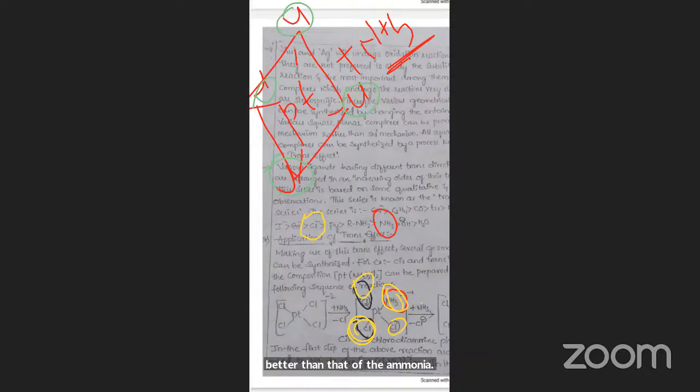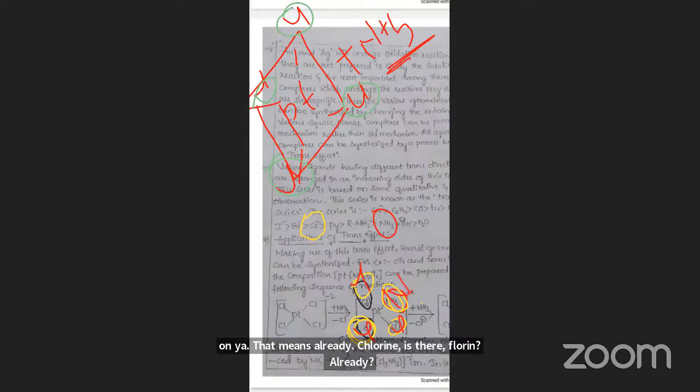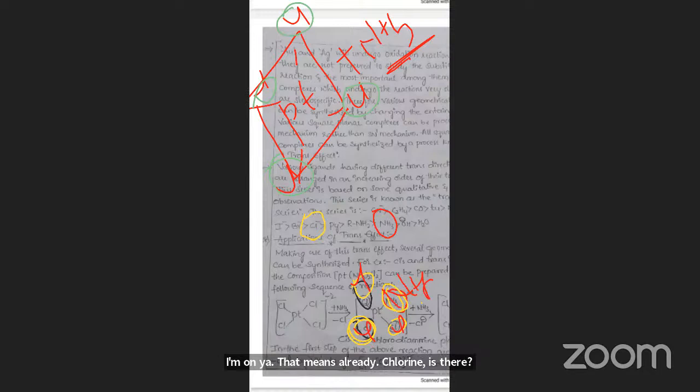That means chlorine is already there, and one ammonia is there. This ammonia is less trans effective than chlorine. That means the incoming ligand is less trans effective than the already attached ligand.